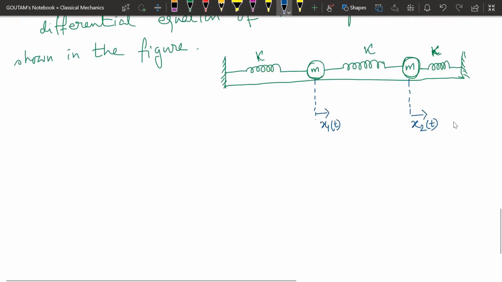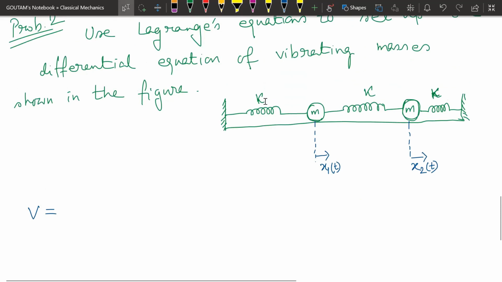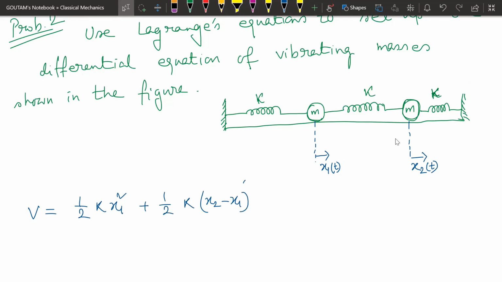The potential energy of the first spring: it was elongated by x1, so the potential energy will be half k x1². The change of length of the second spring, the middle one, will be x2 minus x1, so it will be half k (x2 − x1)², plus the potential energy of the third spring, whose length is changed by x2, so half k x2². So we got the potential energy of the system.